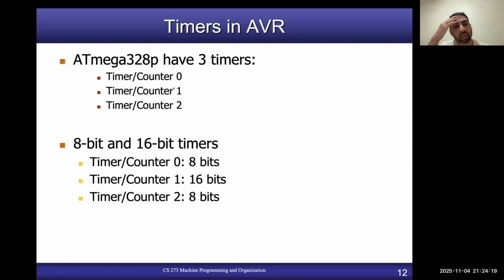So in Atmega 328P, you have three timer or counters named timer counter 0, 1 and 2. Timer counter 0 and 2 are 8-bit, but timer counter 1 is 16-bit, which means the size of the register is larger in timer counter 1, so it can count larger values. But 0 and 2 can count to the maximum value of 255.